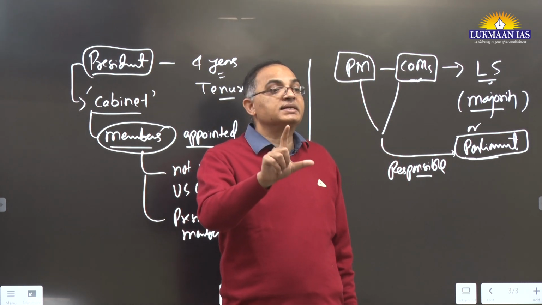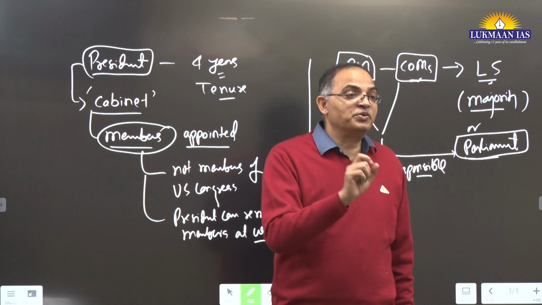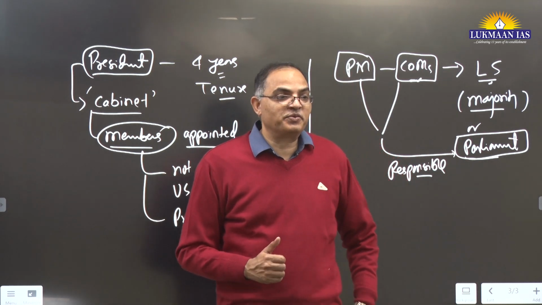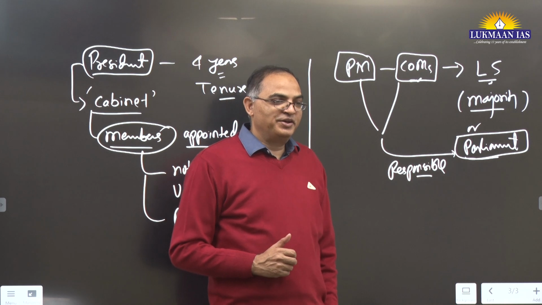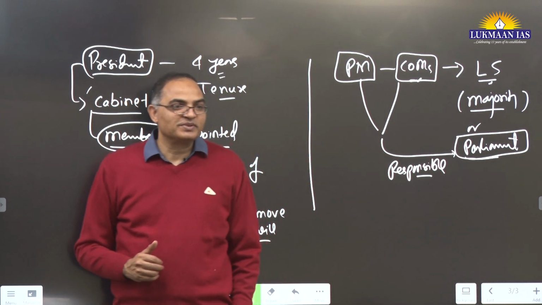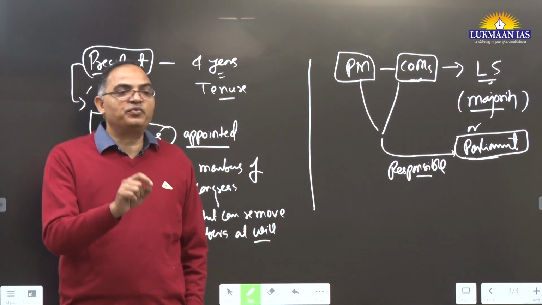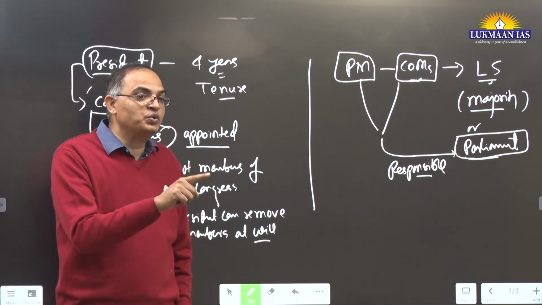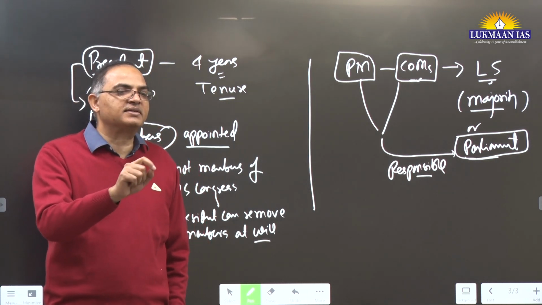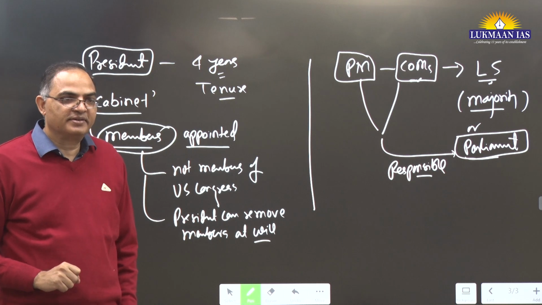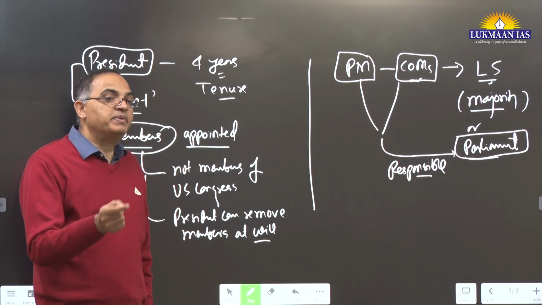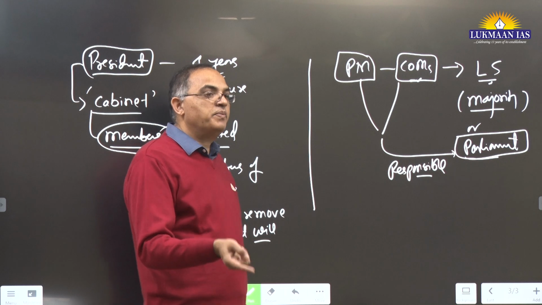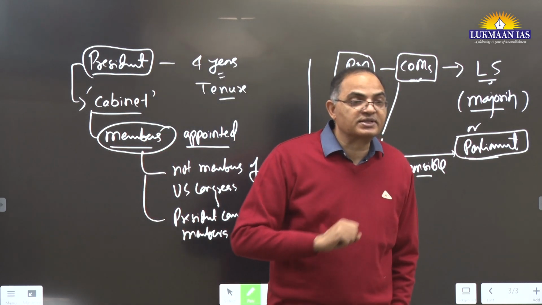Imagine Elon Musk has been brought into the US cabinet. You can understand what the stature of the US cabinet will be. So what they do: finance minister, IT minister. The IT minister in the US will be the best person in the IT sector. Yes, they will bring that person. For foreign relations, they will bring academic experts.